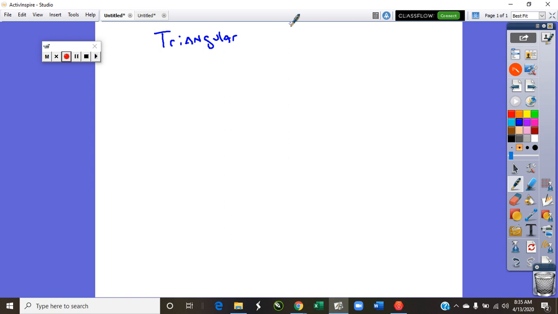But what did I do with it when I was finding area? That's right, I divided by 2. So a triangular prism is kind of going to be the same thing. Volume equals length times width times height. And if you look at that, that's the exact same thing, except we're going to divide this by 2. So we do the exact same thing, but we divide by 2.